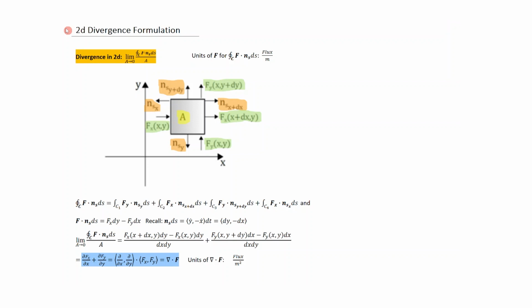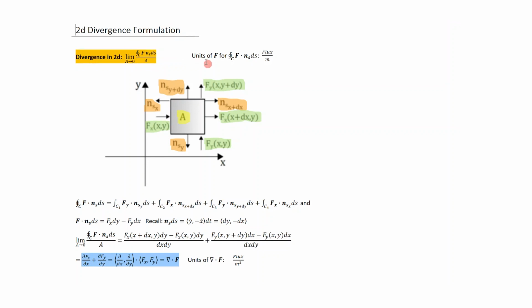So we'll begin with the 2D formulation of the divergence, and it's stated here in a differential form. That is, we're going to compute the flux around a closed contour, and then divide by the area enclosed by the contour, and let the area go to 0. So we're focusing on a single point, and we're interested in the divergence of the vector field at that given point.